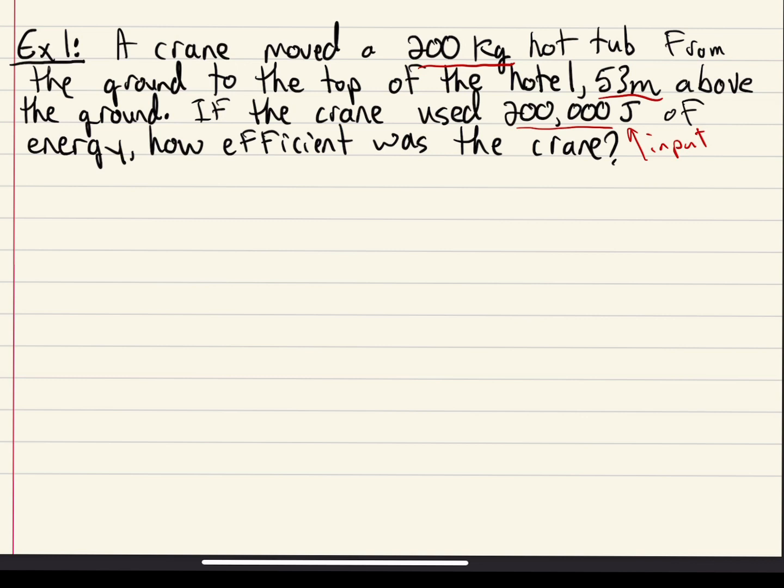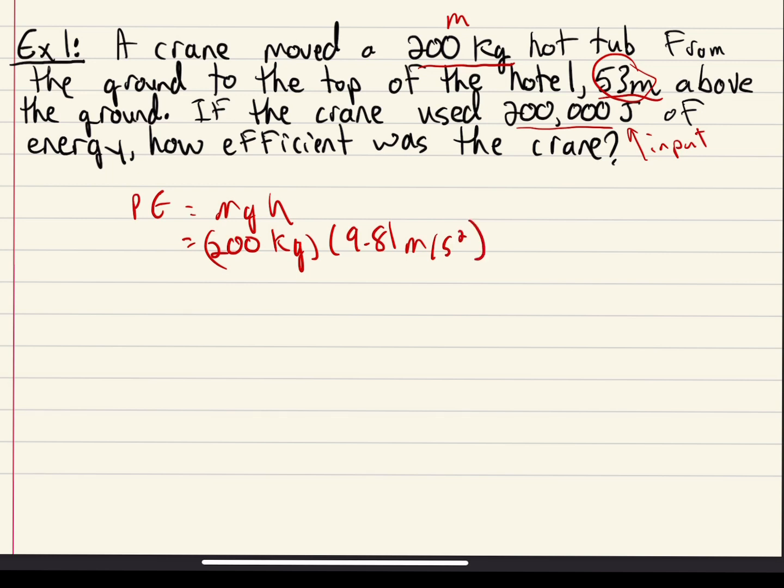So we have a mass, we have a height. That means that we can find the potential energy. So we're going to go PE is equal to mgh, and we're going to go 200 kilograms for the mass that was given above, multiplied by 9.81 meters per second squared, multiplied by 53 meters.